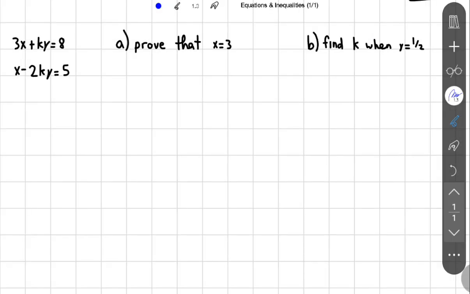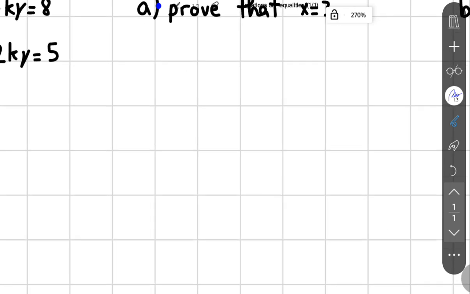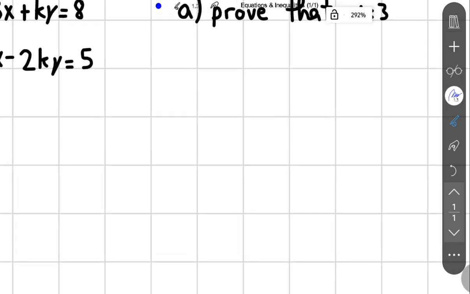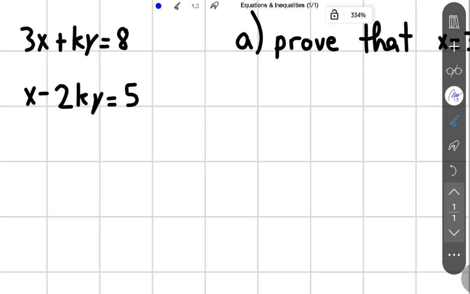We could either use substitution or elimination. Since we have to find x first, I'd like to eliminate ky altogether. So I could multiply the first expression by 2 such that we can eliminate ky.